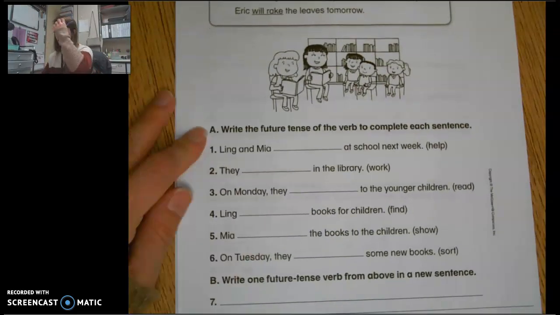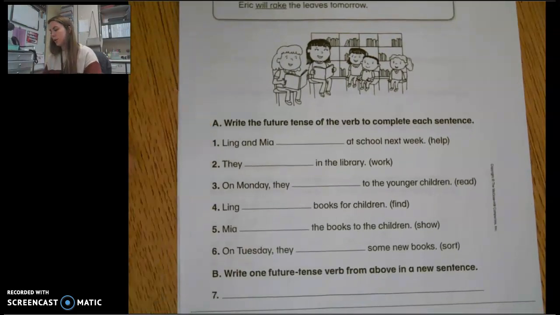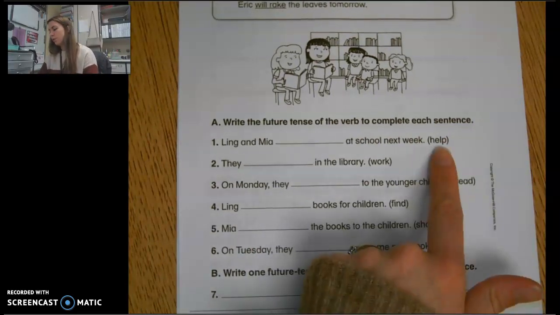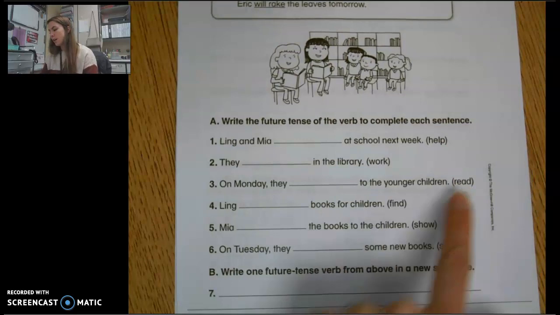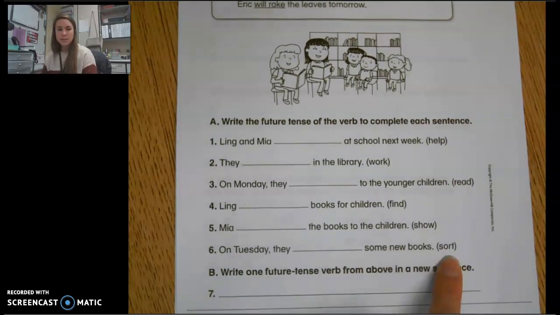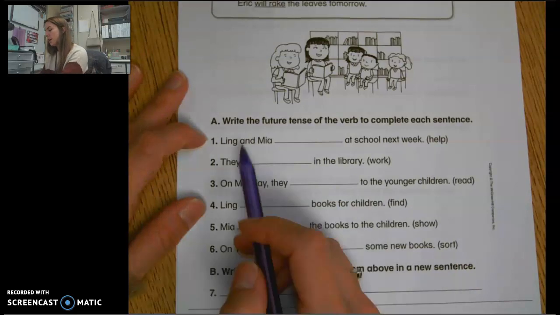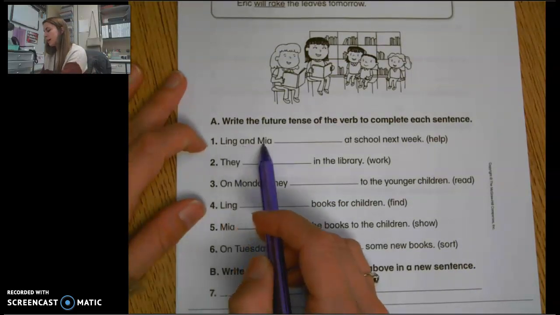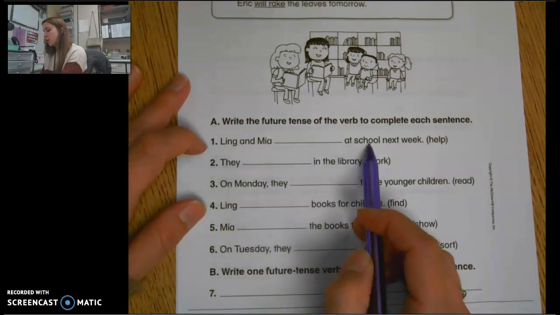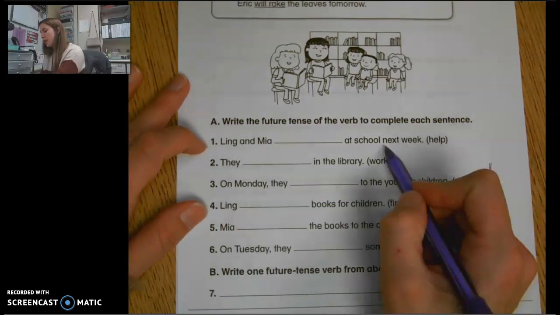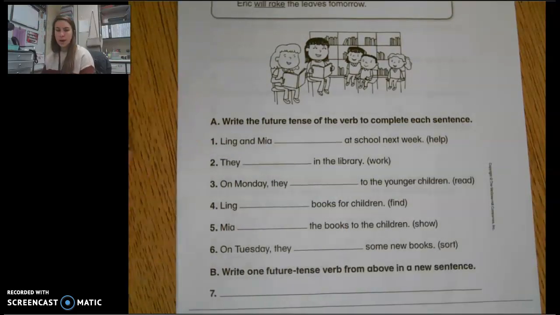So in this part, you're going to write the future tense of the verb to complete each sentence. So what you need to do is focus on this word at the end of the sentence. That is the verb you will make future tense by adding the word will in front of it. Number 1 says, Ling and Maya blank at school next week. So next week definitely tells me it will happen in the future.